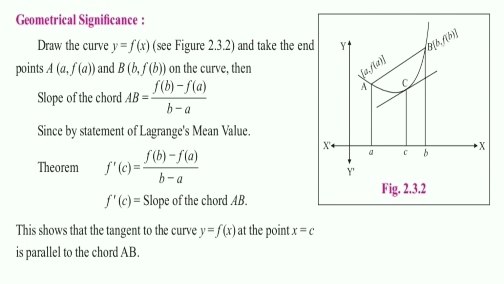Geometrical significance. Draw the curve y equals f(x) and take the endpoints A(a, f(a)) and B(b, f(b)) on the curve. Then the slope of the chord AB equals f(b) minus f(a) divided by b minus a.